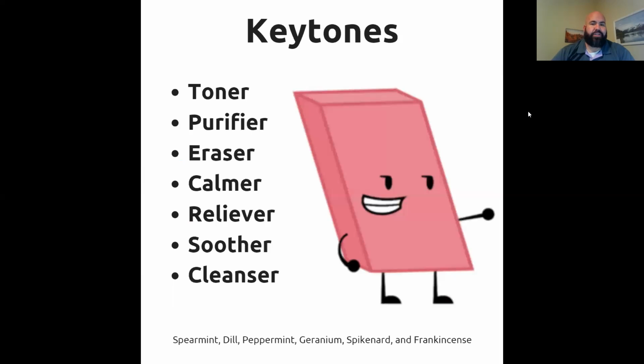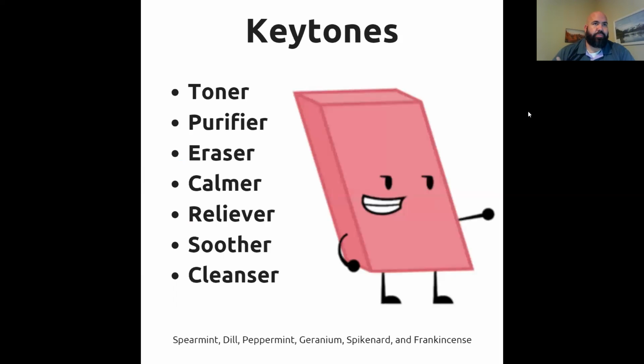All right. Ketones are another really good aspect of that functional group. Same general principles, right? They're purifiers and stuff, but these are going to help erase things. These are going to cleanse things. Ketones, from my understanding, are also really good.